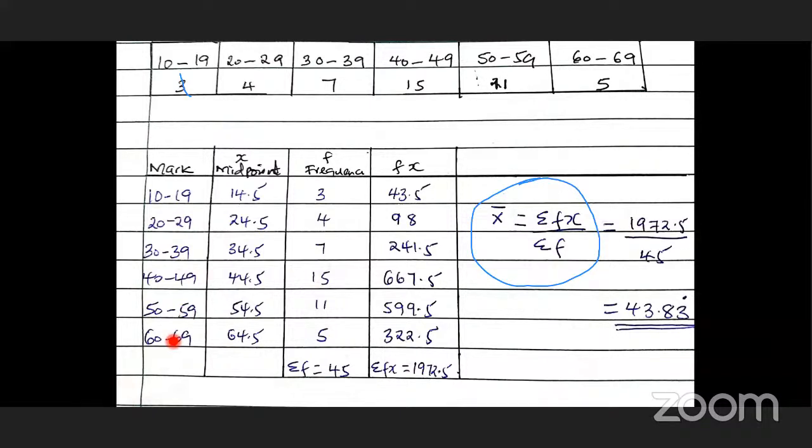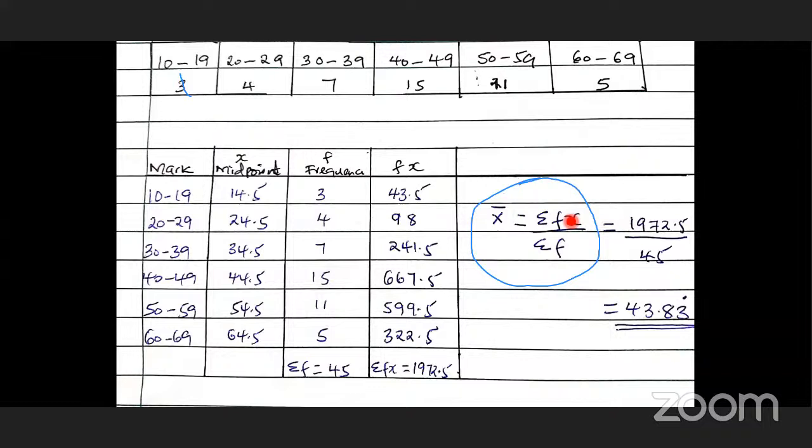Then we did a column for X. As you can see in the formula, we need a column for X. Maybe because we've done this before, how do we get X in grouped data? You can add the midpoint of the class. Yeah, that is correct. You get the midpoint of each class.